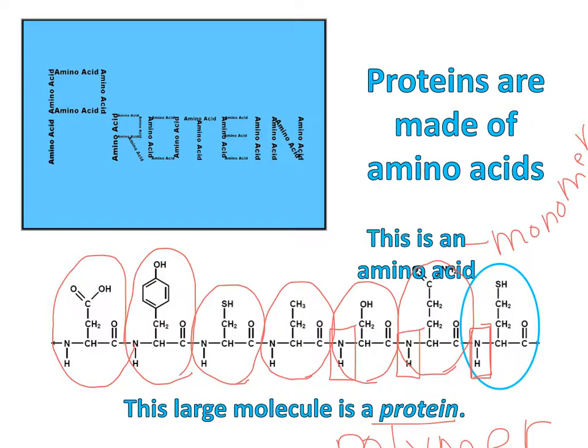So number 8 on your notes, it says, what are proteins made from? And go ahead and answer amino acids. Number 8, amino acids. And take a look at that picture above question 8 on your notes. It's the same picture that you see here. I would like you to circle some of the same units that I circled so you can see the individual amino acids.